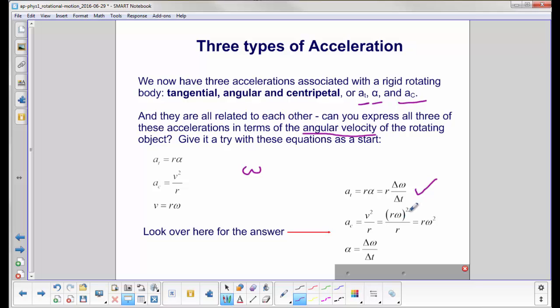We square this, we cancel out an r, and we have centripetal acceleration is r omega squared. And then we just have the definition of alpha, which is change in angular velocity over change in time. So depending on what problem you're working, you'll use one of these three equations or one of these guys. And the only way to know which one to use is by practicing problem solutions.